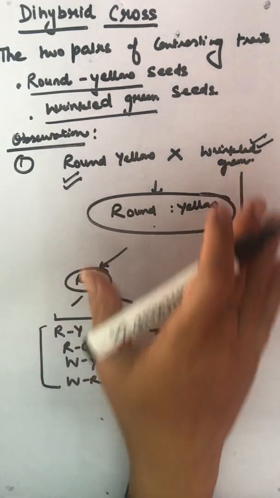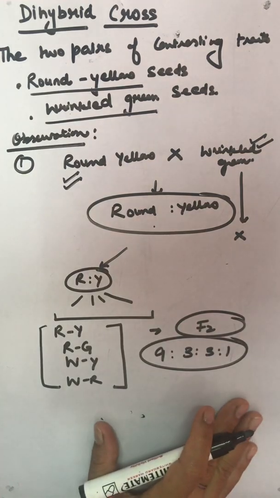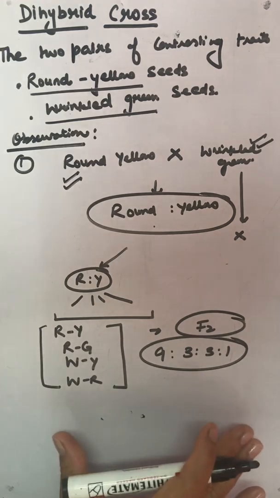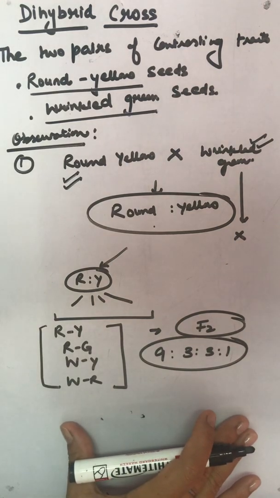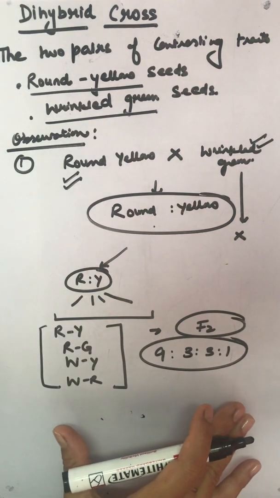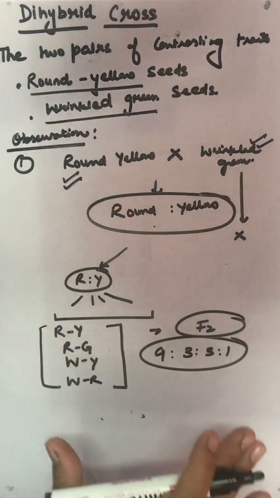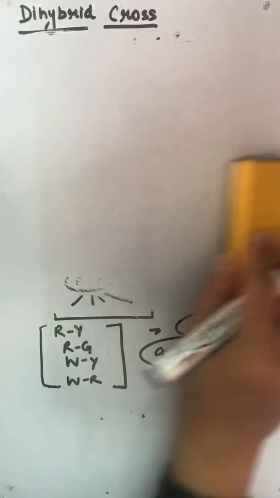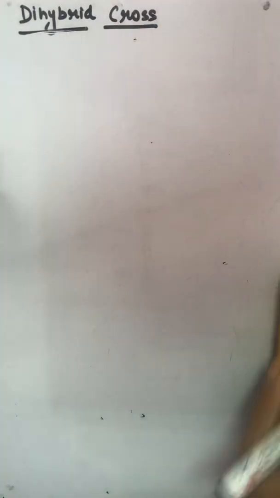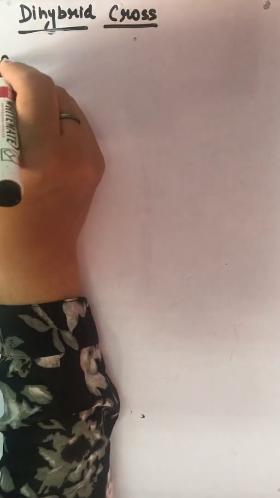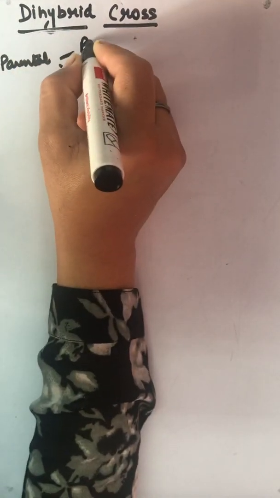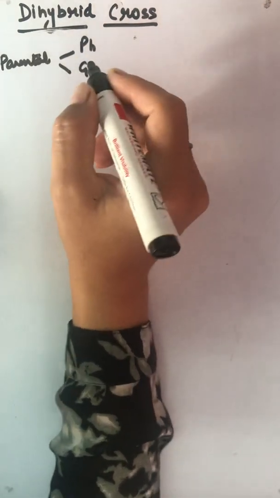Fine. We are now going to do the explanation of how this cross was carried out by Mendel and what are the basic features of Mendelian inheritance in this explanation. First of all, we are going to choose the pair of contrasting traits as we have done for the monohybrid ratio: the parental cross, phenotype and the genotype.